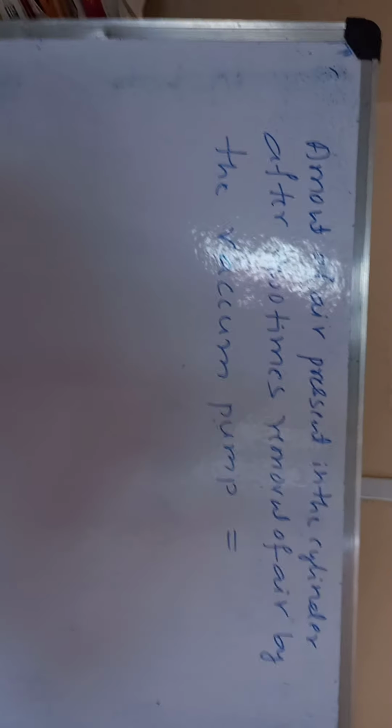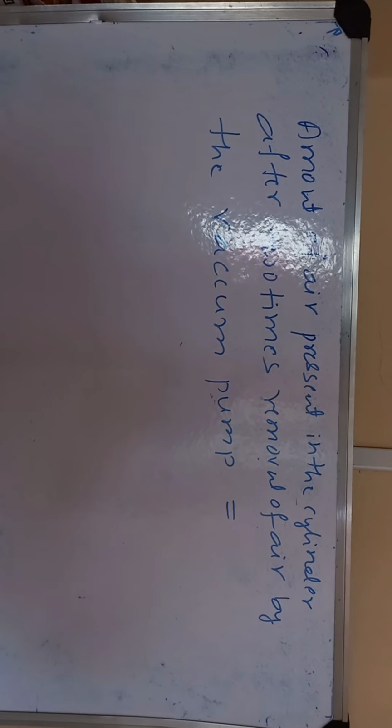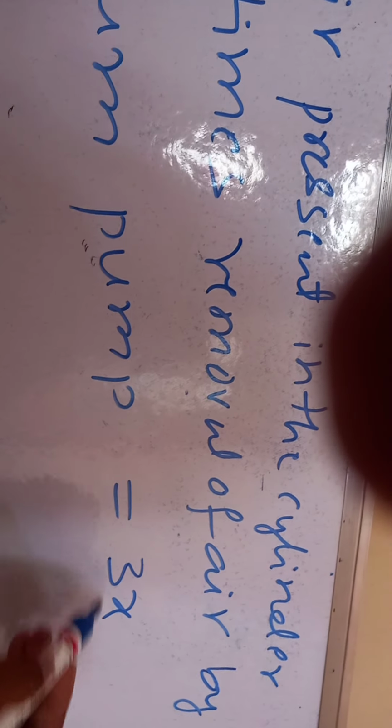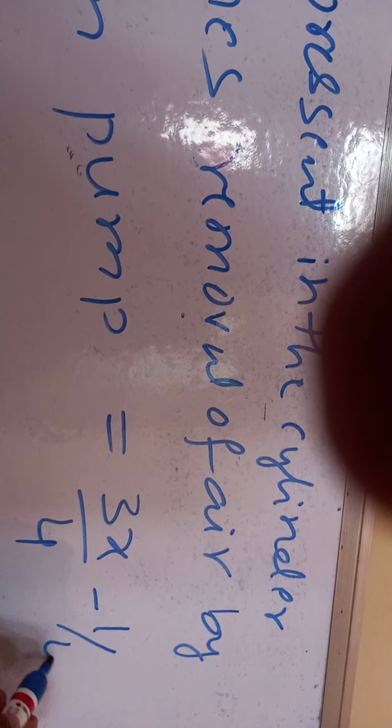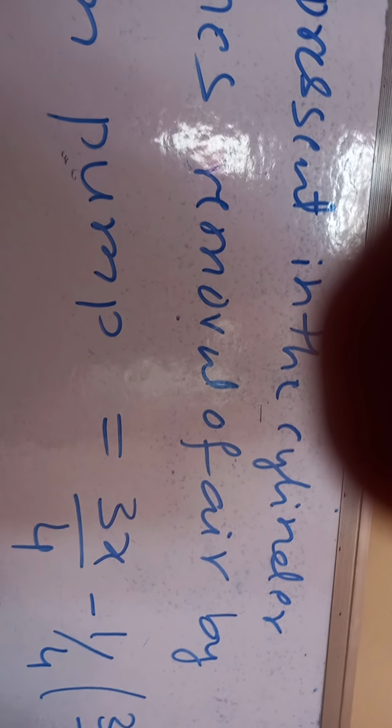So before it was x, after one time removal it becomes x minus x by 4, that is equal to 3x by 4. Again, the amount of air present in the cylinder after two times removal is given by 3x by 4 minus 1 by 4th of 3x by 4. Clear?